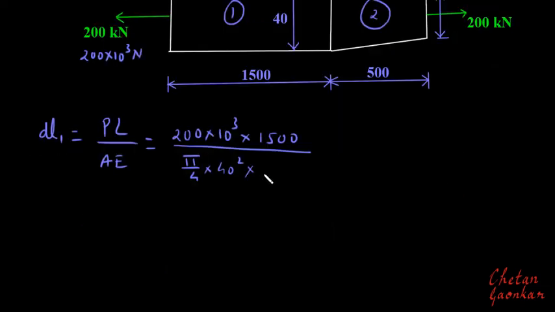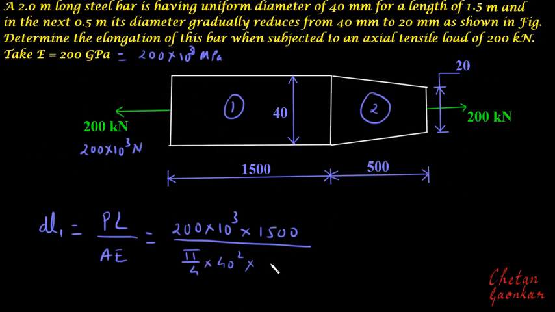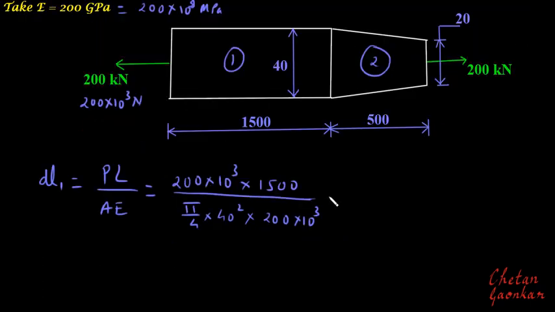And E, the modulus of elasticity, is 200 multiplied by 10 to the power 3. With this we find the deformation as 1.194 mm.